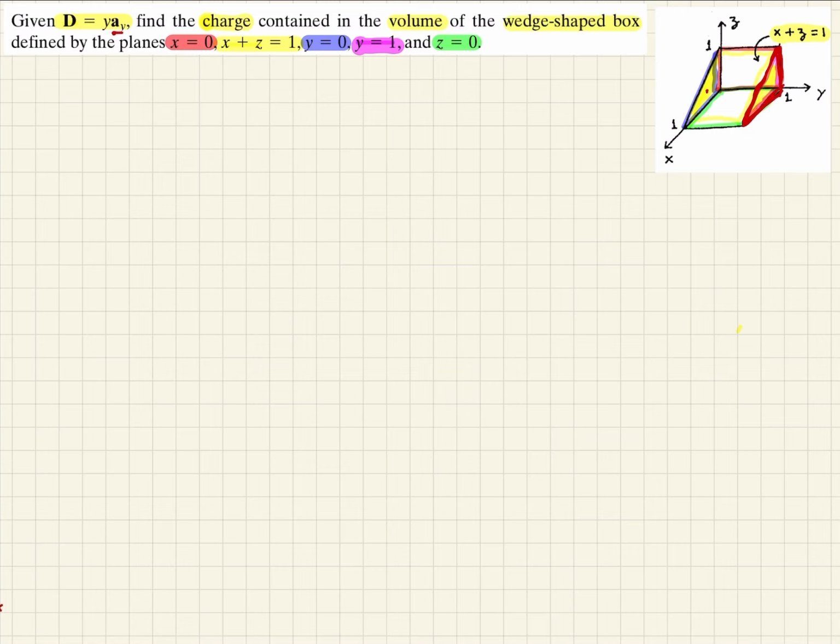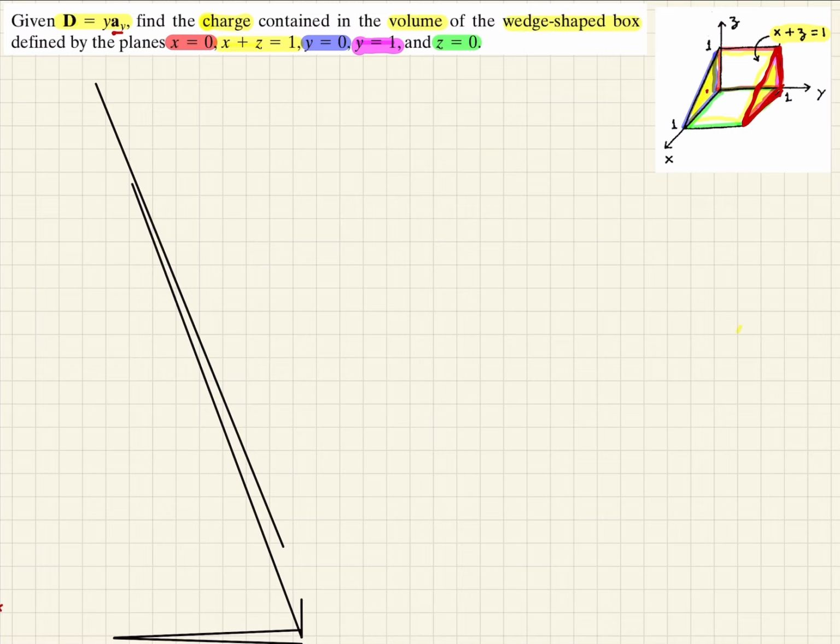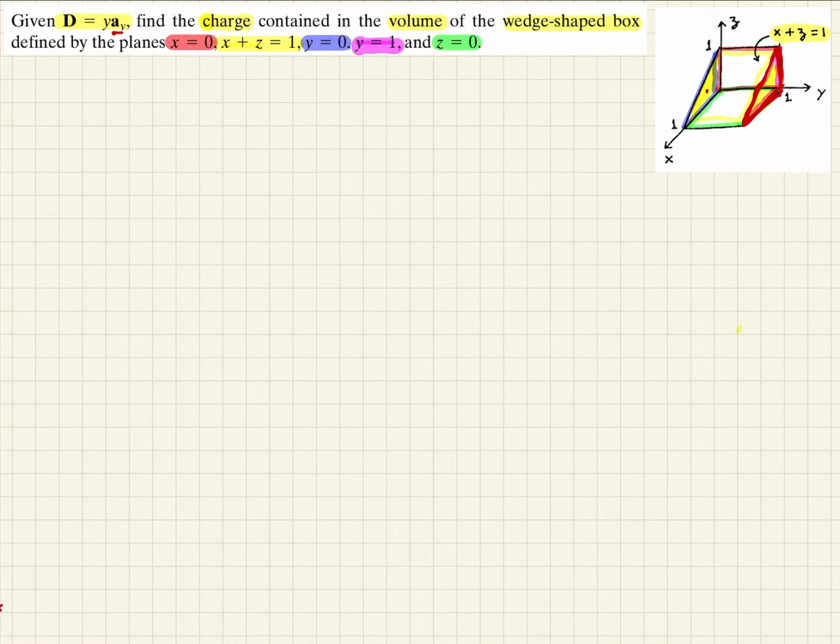So we recall from Gauss's law that the total charge can be defined as the integral over a surface of the displacement current vector dotted with the surface vector.